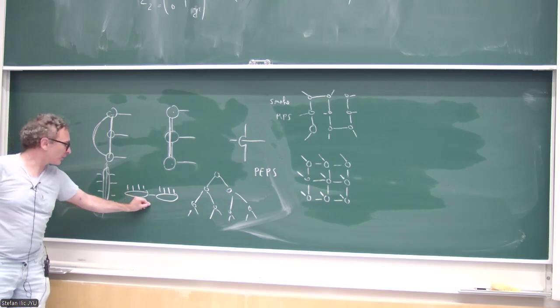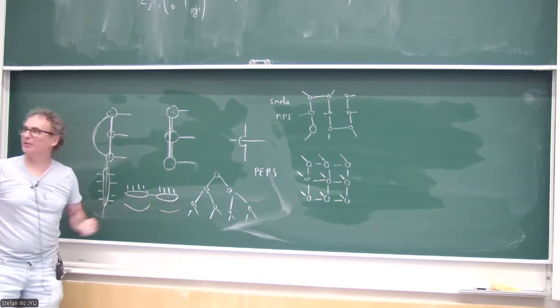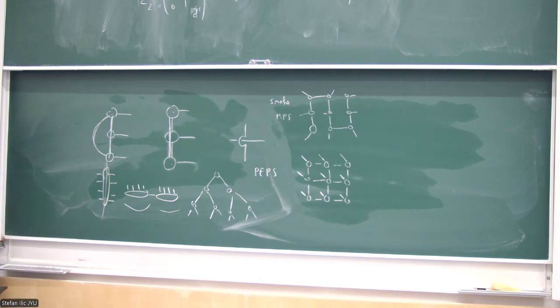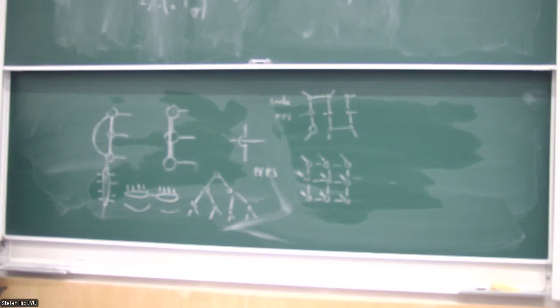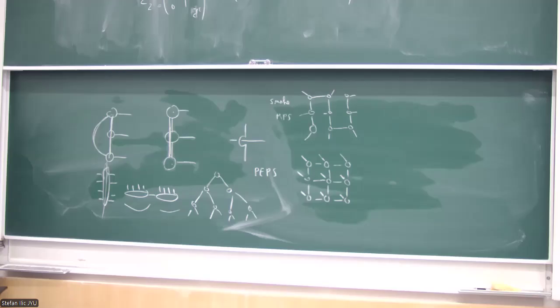And then I can transform this into an MPS if I want to. Sure. The question is, what is the minimal size of this auxiliary? The same number of qubits. If you want to purify a system, you need as many auxiliary qubits as you have.